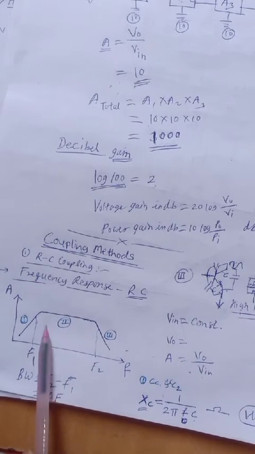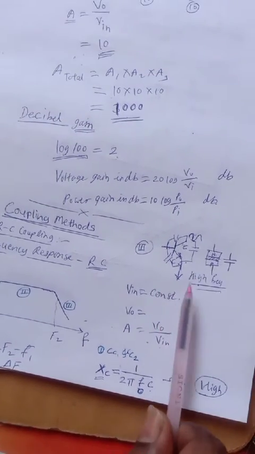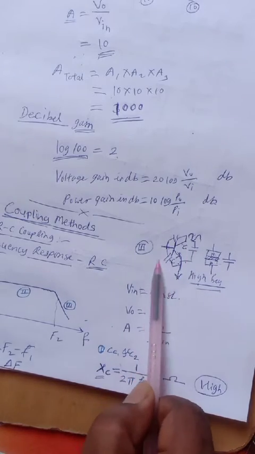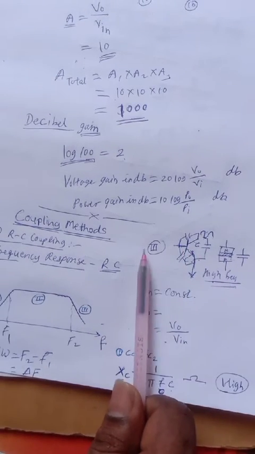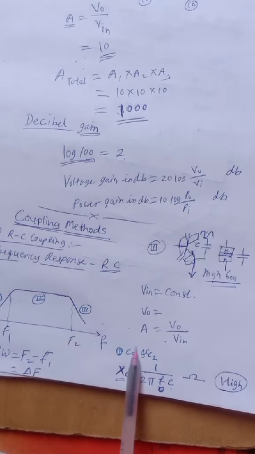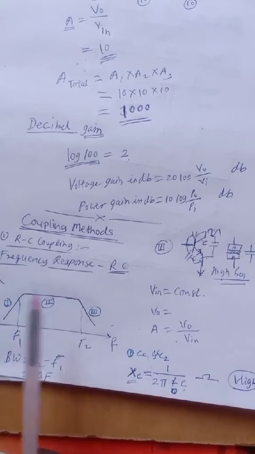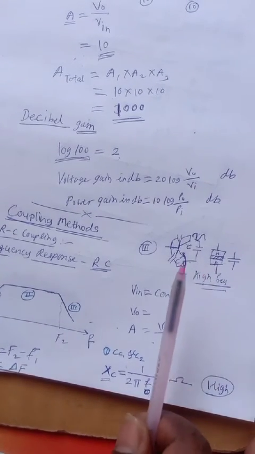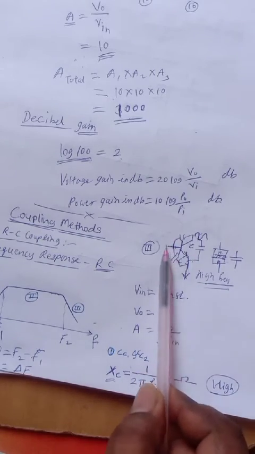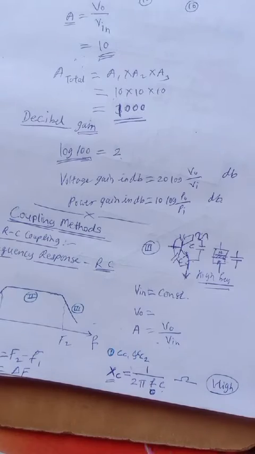And at the second part, these two factors cancel each other at the middle frequency, because at the middle frequency sufficient voltage is passed to the input of the amplifier, that is the base, and these capacitors are not active now.